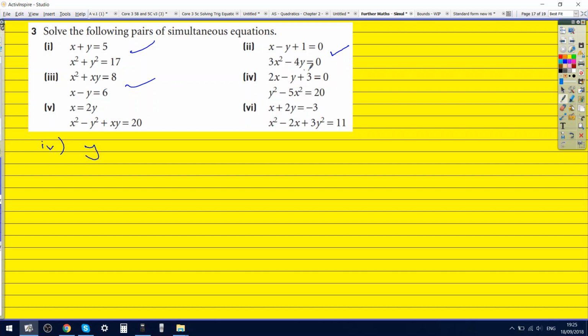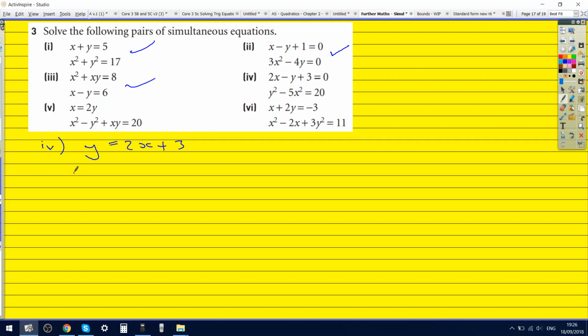Whenever you have simultaneous equations involving quadratics, you'll always have to use substitution. Oh, right. Okay. So for the top one, y equals 2x plus 3. Then we have y squared minus 5x squared equals 20. So we just sub in the y value.